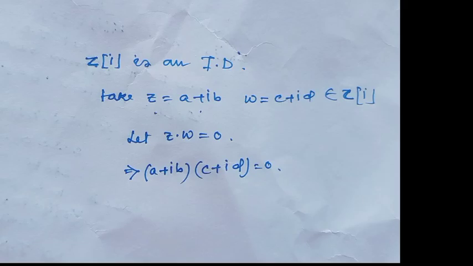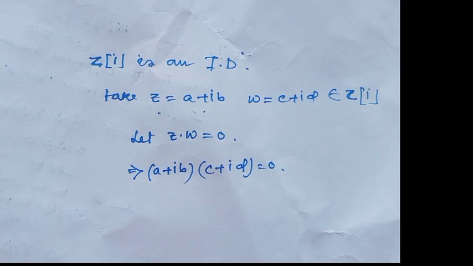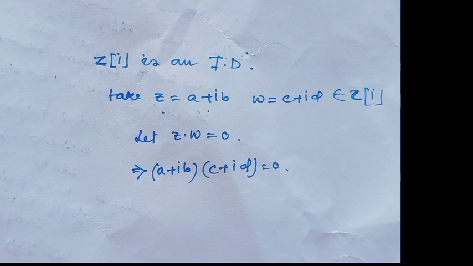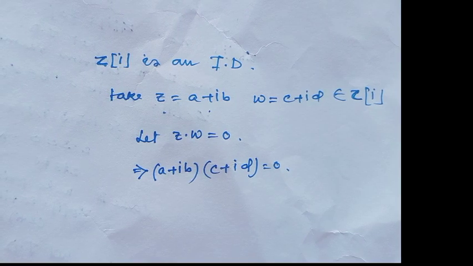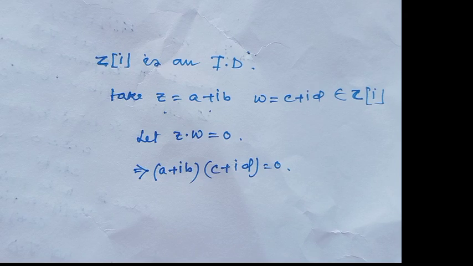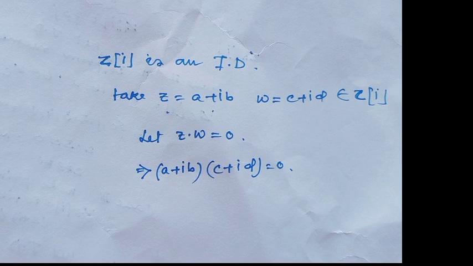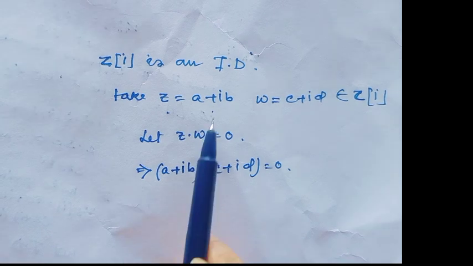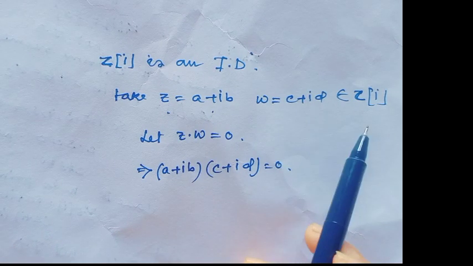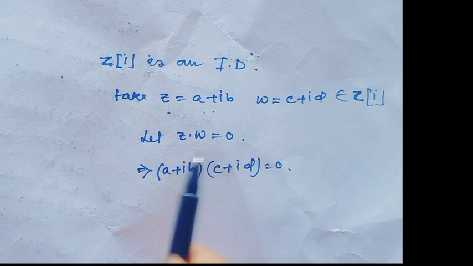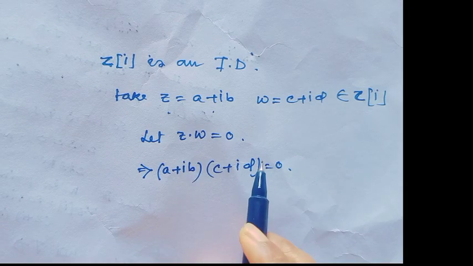At first I will prove the Gaussian integers Z[i] form an integral domain. I have seen Z[i] is always an integral domain, but today at first I will prove this, because today's topic is conceptual. For this, consider two arbitrary elements in Z[i] and consider their product equal to 0.